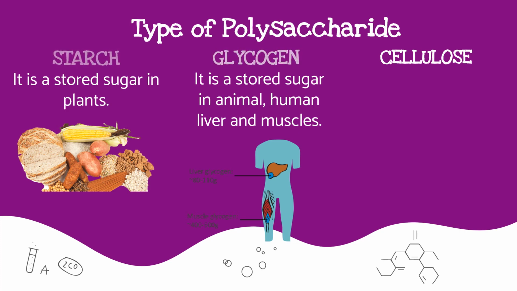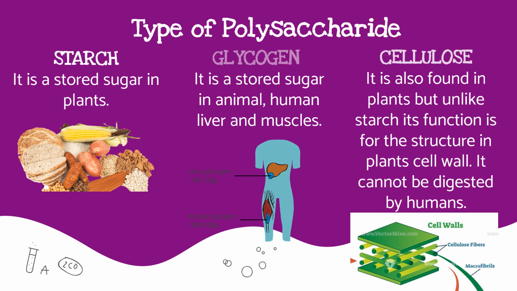our body. Now, unlike starch and glycogen, cellulose is not for giving energy. It functions as the structure of the plant's cell wall. That is also why cell walls in plants are rigid and not easily destroyed or changed.